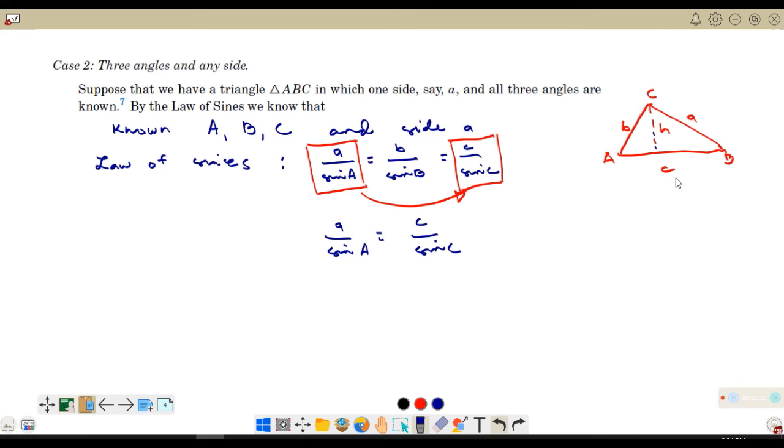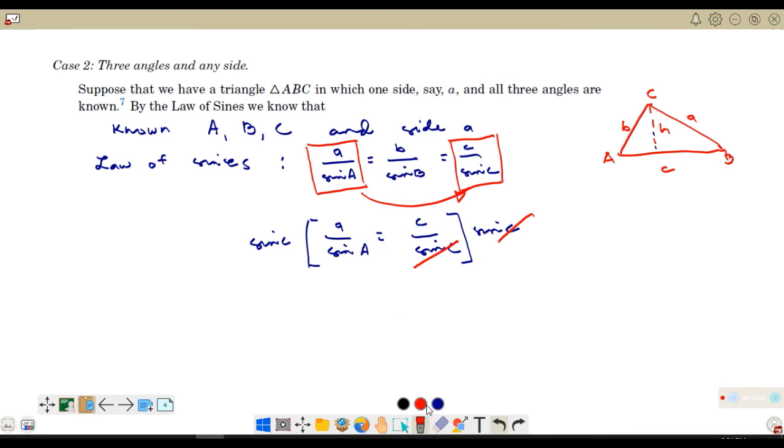Hindi nga natin alam kung ano ang value ni C. 'Di ba? So, ide-derive natin siya. How are we going to do that? So, we are going to eliminate the denominator of C. We have to make it equal to 1 by using, of course, the multiplication property of equality. So, we have here sine C.